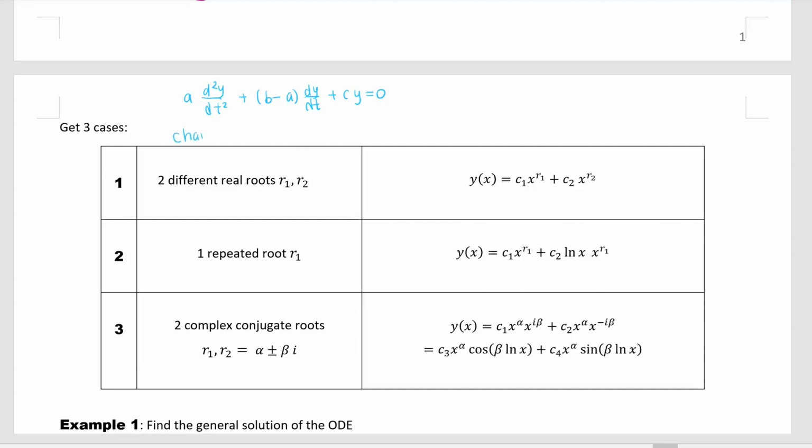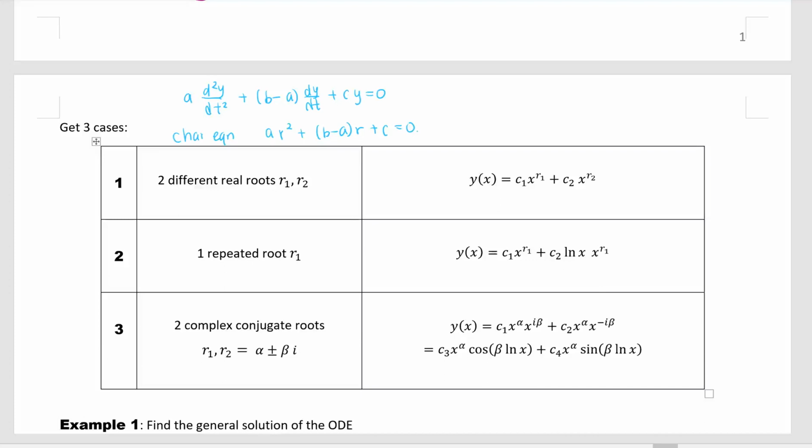The characteristic equation is a r squared plus (b minus a) r plus c equal to 0. Depending on the discriminant, we are going to have 3 different cases.